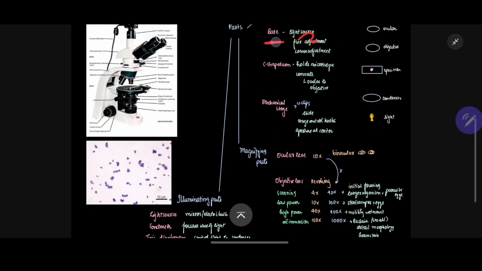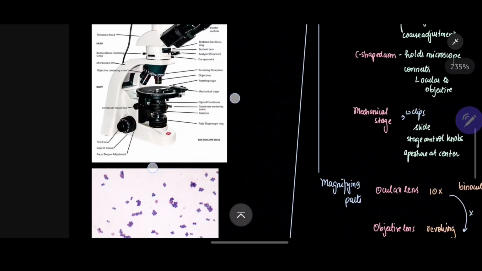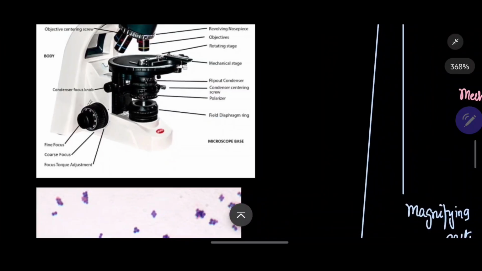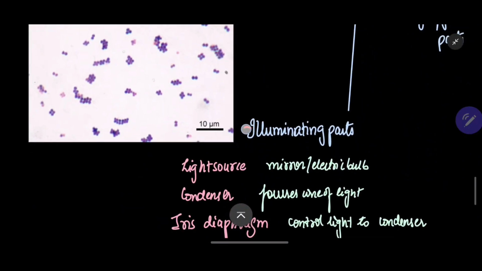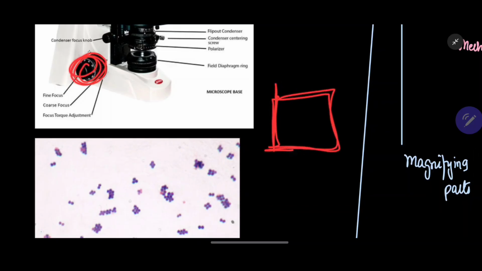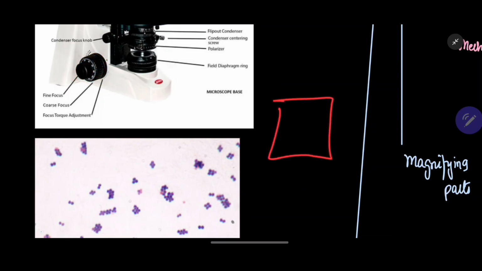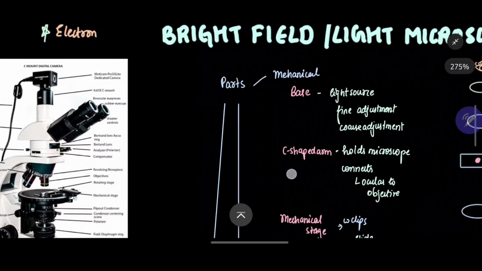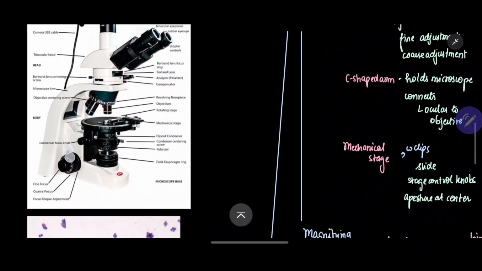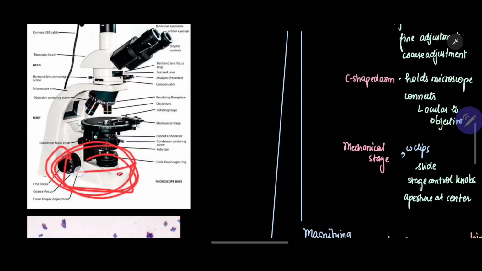Your base holds this light source, and then it has the fine adjustment and coarse adjustment. Again, these are a part of your illuminating parts, because they help you adjust how the image looks, like how fine the image is. It helps you sharpen the image. So the base holds a light source, fine adjustment, and also the coarse adjustment. All of these come in the base.